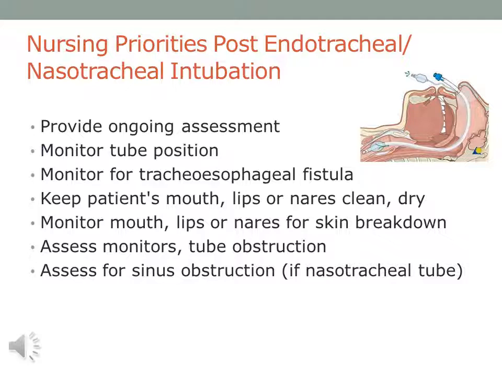So a tracheoesophageal fistula, you remember fistula kind of means an opening. So if we've got this constant pressure that can cause a breakdown of the trachea, you can actually get an opening between the trachea and the esophagus. So we have to really be careful that we're monitoring to see if there's a possibility of that fistula, that pressure, that opening. We don't want to have an opening between the two.